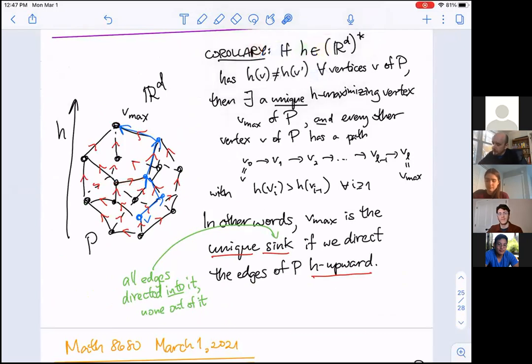These edge vectors live in RD, the H lives in RD star. I have to make sure that each of the vectors between any pair of vertices, V and V prime, are not horizontal for H. So I pick things that avoid all of those hyperplane conditions, since having the vector from V to V prime take on the constant value would be exactly a hyperplane in the dual space that H has to avoid.